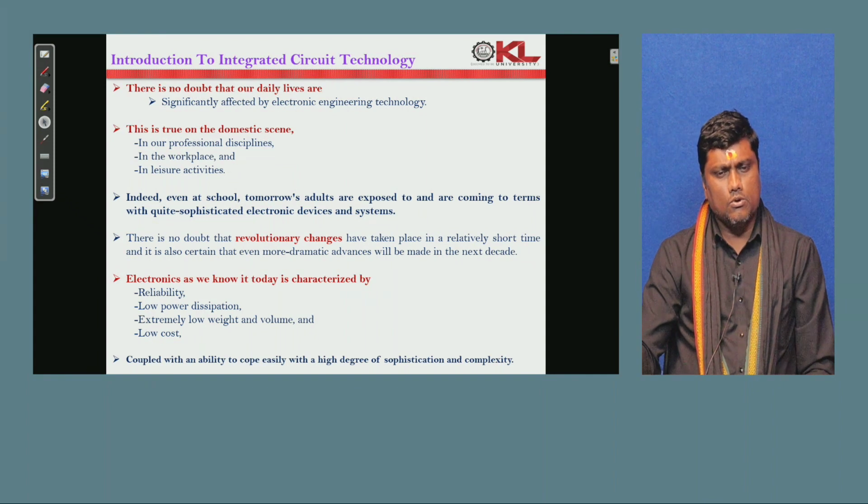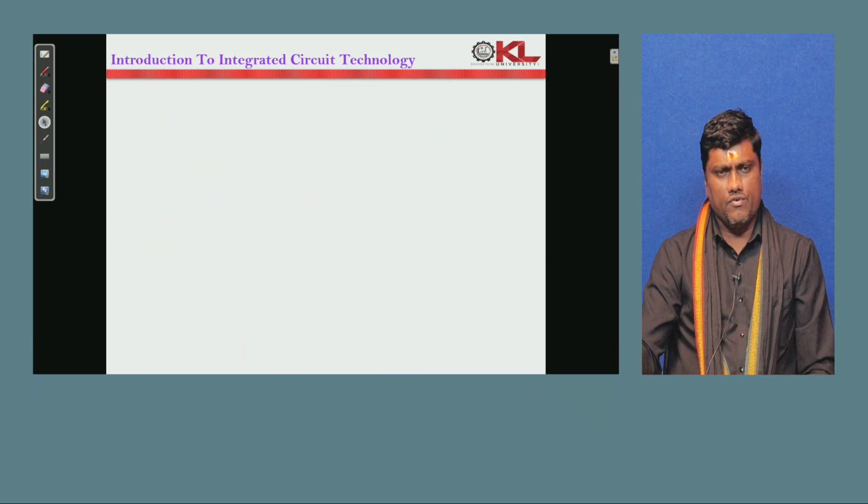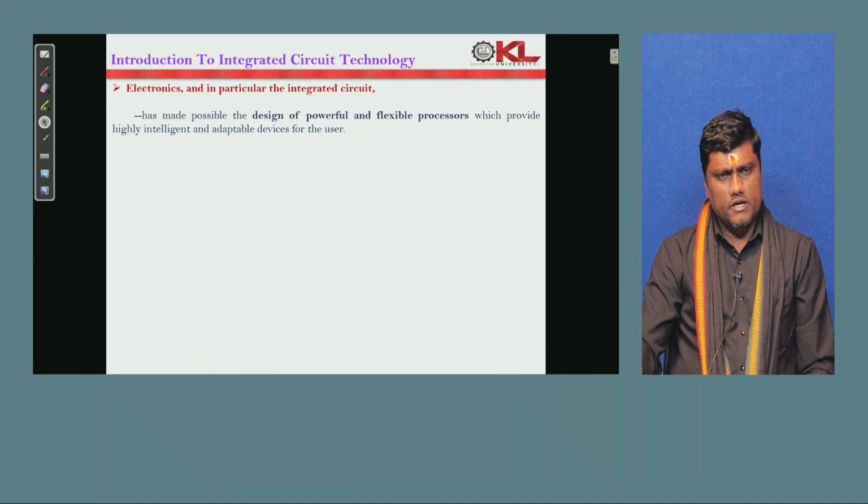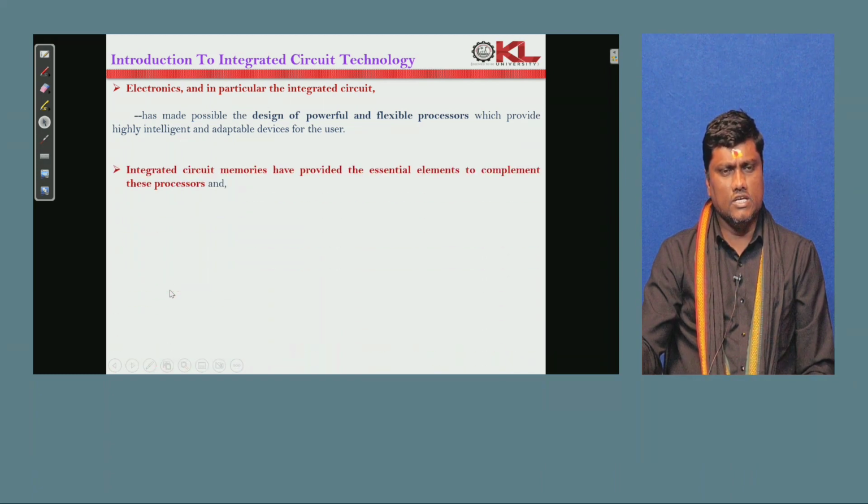From this point of view, devices are developed, designed and manufactured in VLSI specializations for different applications. Electronics has already given a lot of importance to integrated circuits. Because of integrated circuits, it became possible to design powerful and flexible processors that we use today in our regular activities, which are highly intelligent and adaptable devices for the user.